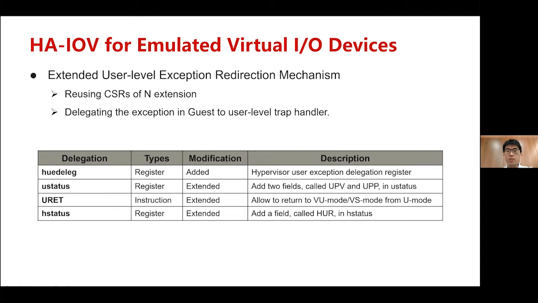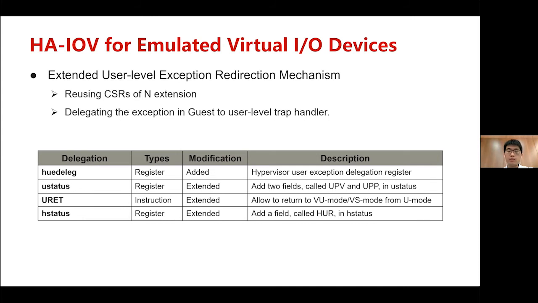Recording the previous privilege level and virtualization mode, control flow in the guest can thus be redirected to user space. Also, the control flow should be able to return back to the guest from the host user space directly.